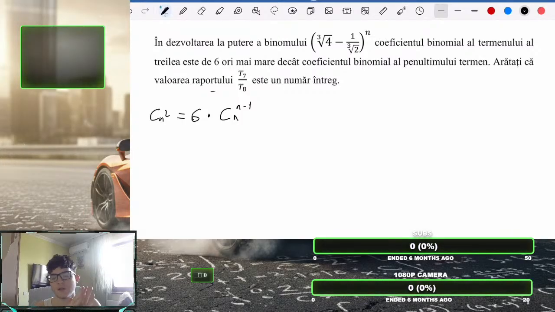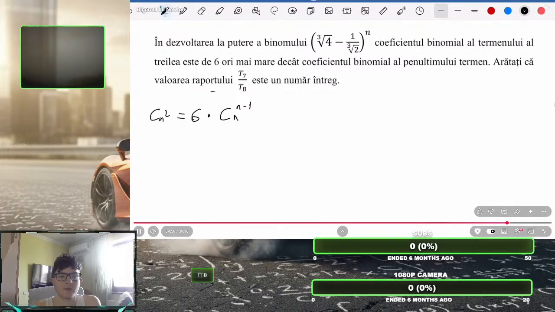So now we just solve this, find out n, and then plug it into T7 divided by T8, and show that this representation is a whole number.